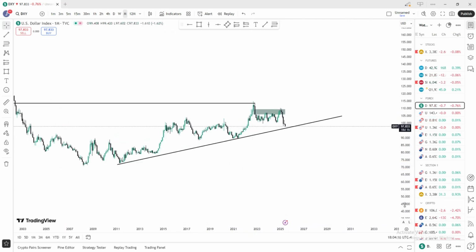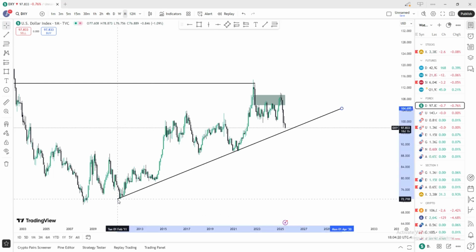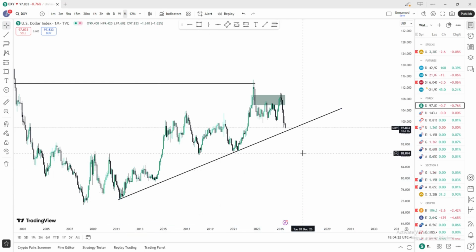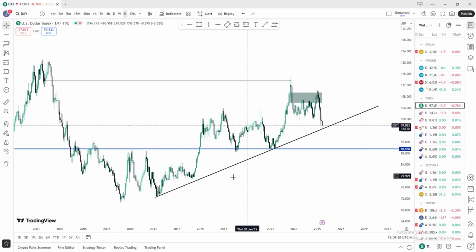So we are almost hitting the trend line. So what do we expect when the market hits this? We might see something like this, then the market is going to come up here then drop. But my target is this level down here. This is where my target is. This is where I want to see the DXY drop to.